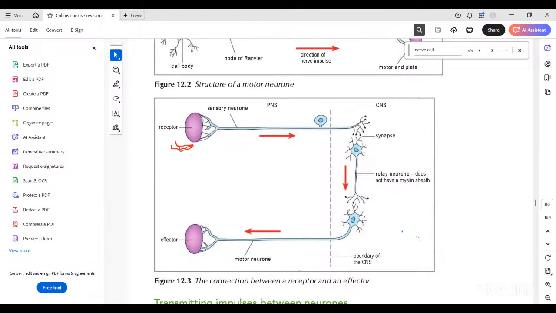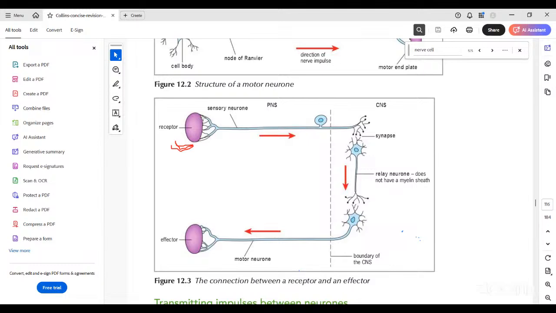I've never thought about it. What says you as a biologist? Sorry, it would not go faster without the myelin sheath. It would slow down.